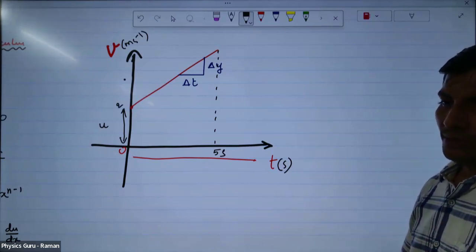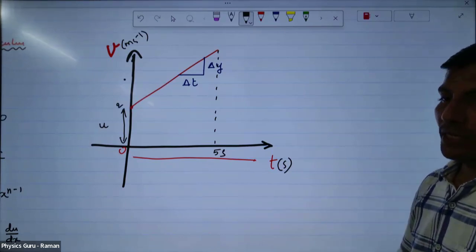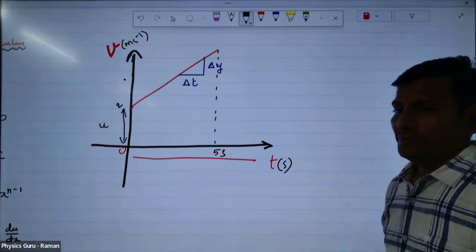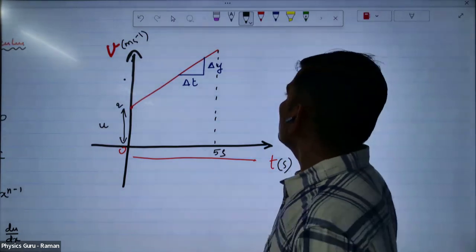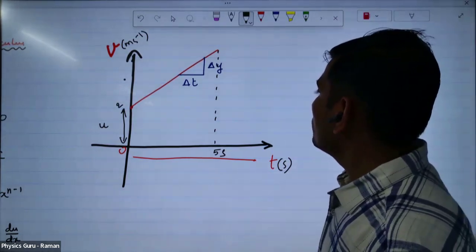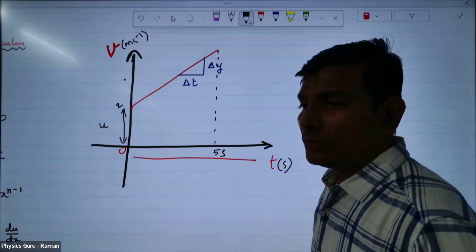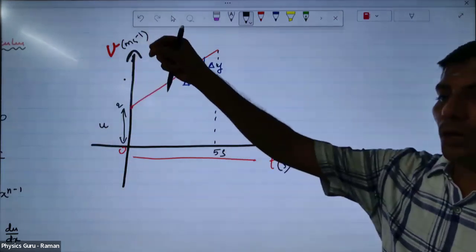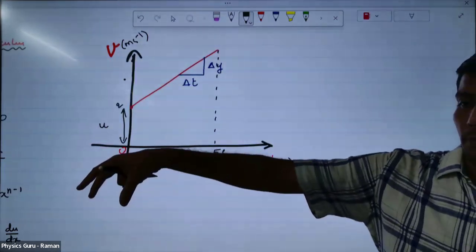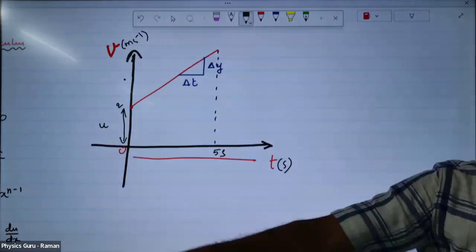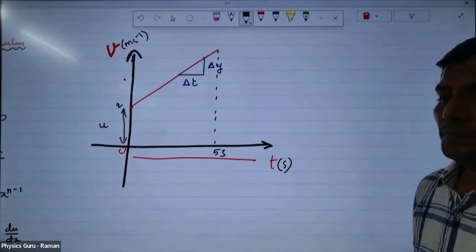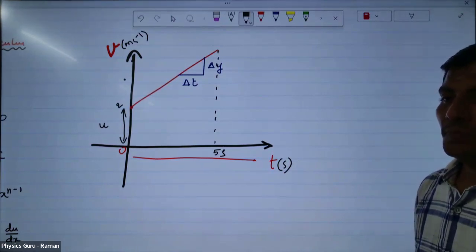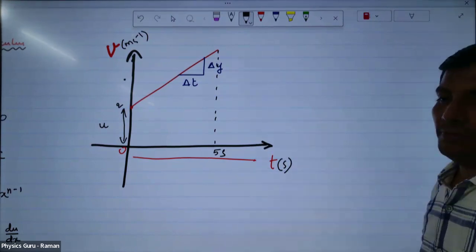Suppose, let's imagine. Okay, you try. Let's assume that a ball is dropped, like this. This is the condition for which we have drawn the graph.